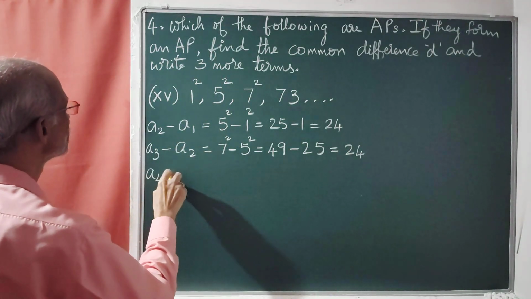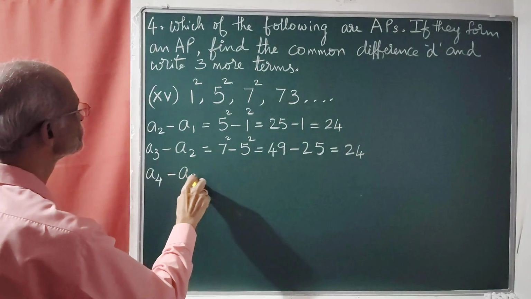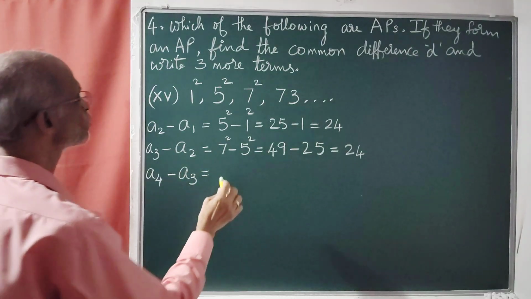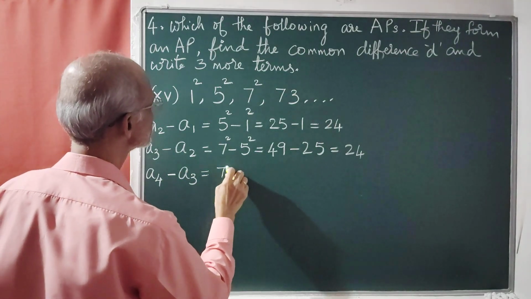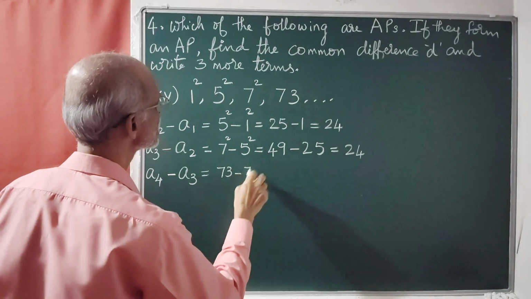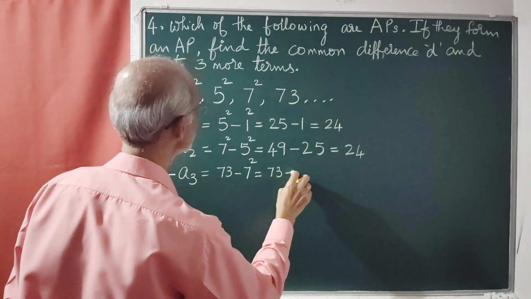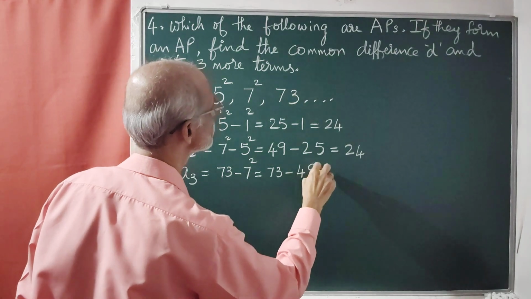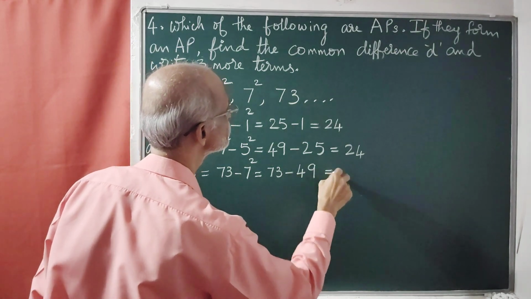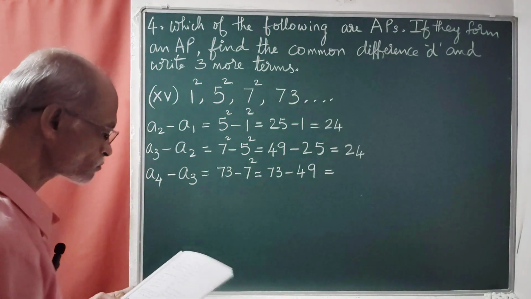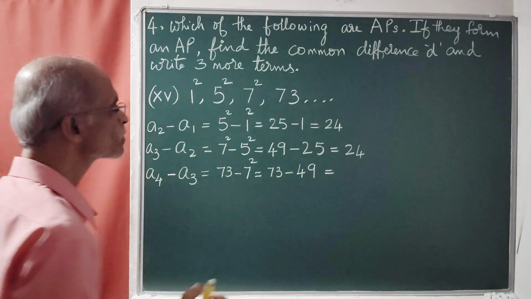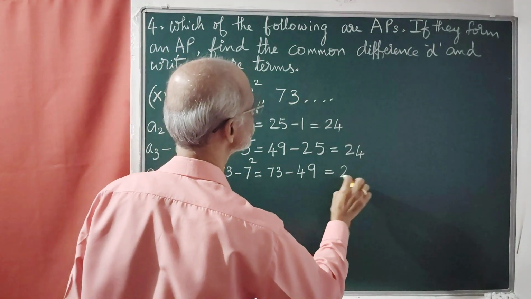A4 minus A3. A4 is what? 73 minus 7 square. 73 minus 49. Again we get 24.